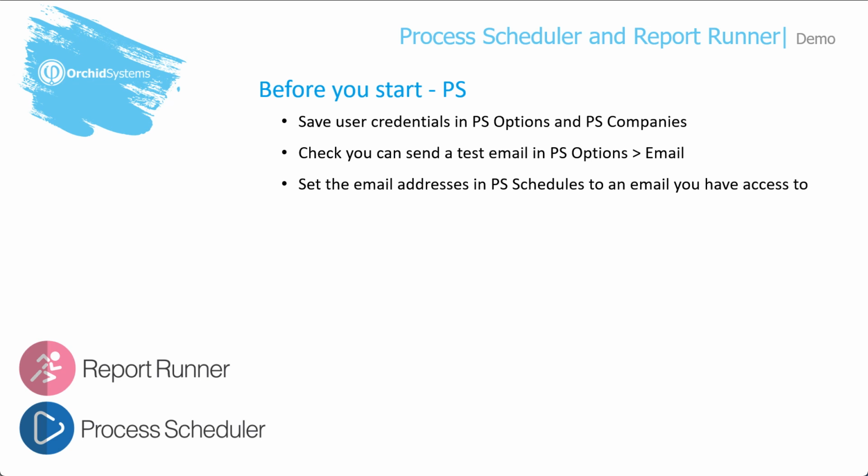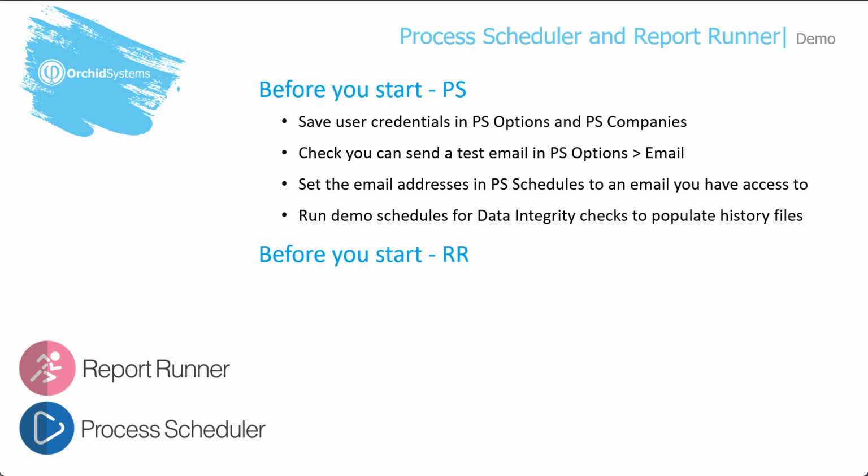To be able to show the emails, you have to change the recipient's email address to one that you have access to. And while we have configured all the folders in the Orchid sample data, we haven't actually populated any history files, to keep the sample data as small as possible. So we suggest that you run a few schedules, in particular for data integrity checks.